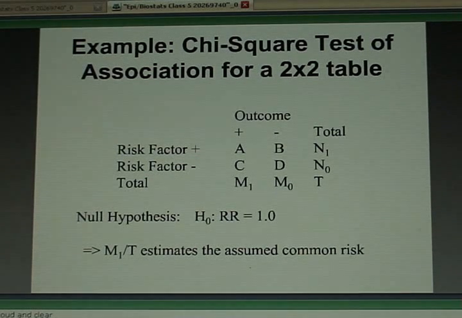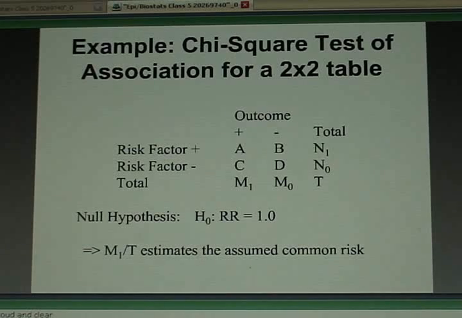But in terms of tests of significance, we're interested in a statement that says the risk factor has no effect on the outcome. Risk ratio is equal to 1. The people given the lifestyle intervention and the people given the placebo pill have the same risk of developing diabetes, meaning A divided by N1, the estimated risk among people given the lifestyle intervention, and C divided by N0, risk of diabetes among people given the placebo, are both estimating a common risk, a null risk that everybody has.